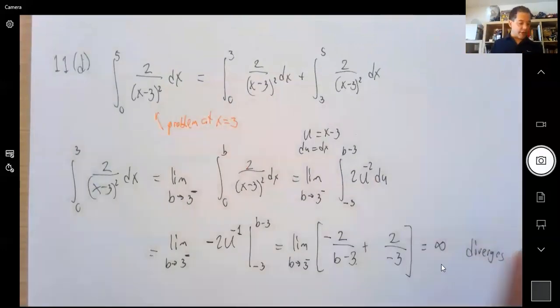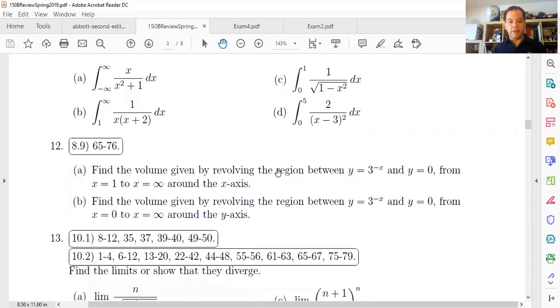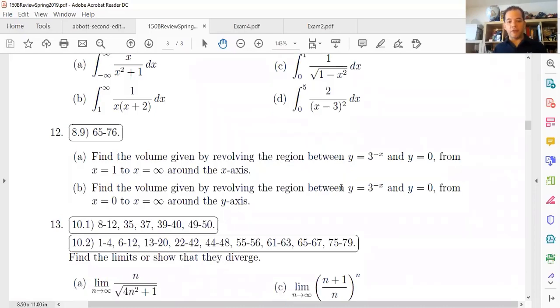Okay, so that finishes up our integration part, I think. Let me go back to our list of problems. So we did improper integrals. We did one with infinity and one where the problem is in the center. There's a few other improper integrals here of volumes as solids of revolution.